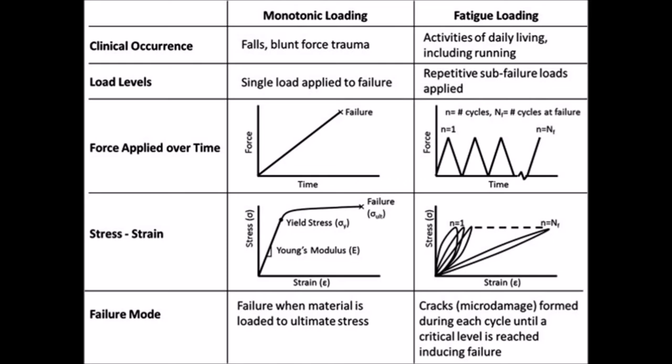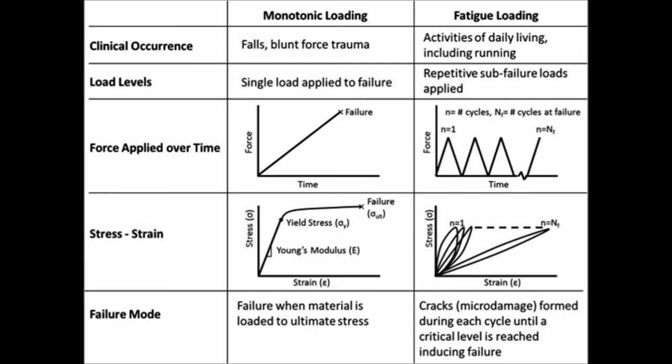The load level is a single load applied to the failure. Monotonic, as is clear from the name, is mono, that means a single load is applied, which can lead to the failure of the bone. So the force applied over time is singular and is very static. The force that is applied is very static and reaches its failure point only at very high stress.